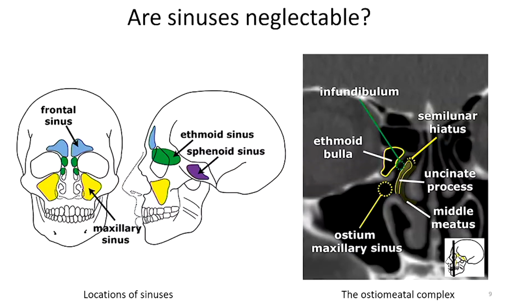Unfortunately, many of them told me that sinuses are very important in the nasal cavity model because, although not much airflow is coming to the sinuses, the ostiomeatal complex in the nasal cavity is a critical part of the rhinologist's work.